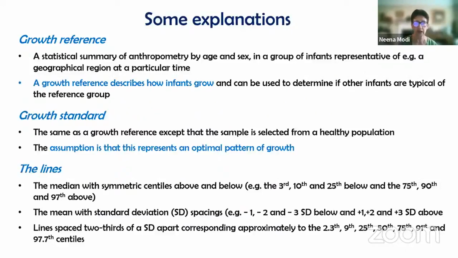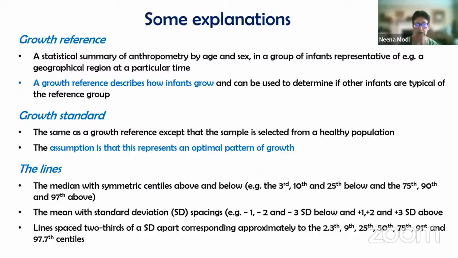The first thing, though, is let's get some definitions clear. By a growth reference is meant a statistical summary of anthropometry by age and sex in a group of infants, representative of a particular geographical region at a particular time. Now, the important point to make is that a growth reference describes how infants grow.